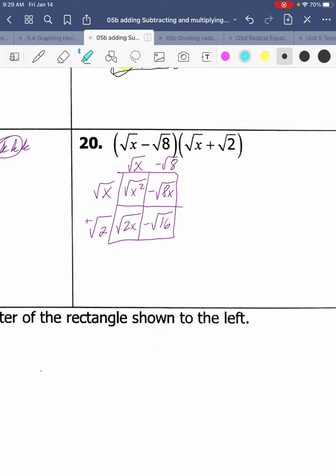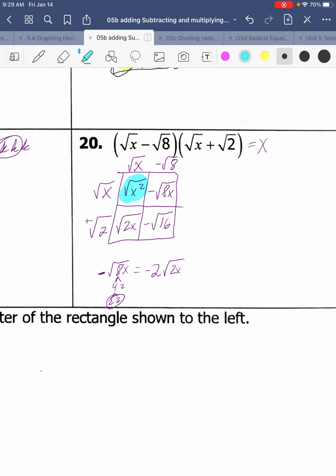All right, we have simplifying. The square root of x squared is x. We do not have, as of right now, like terms diagonally. But what I can see is we can probably simplify this 8, and we can with a pair of 2s. So that's going to come out as a negative 2, for the negatives from out front, square root of 2x.